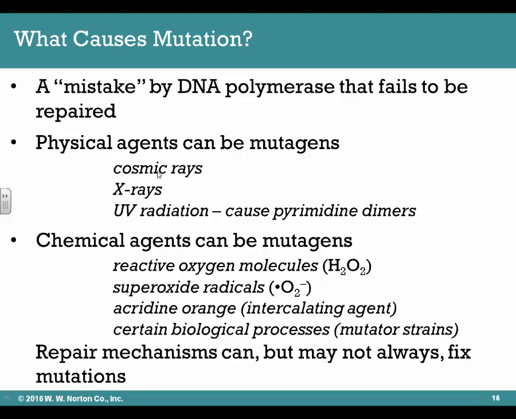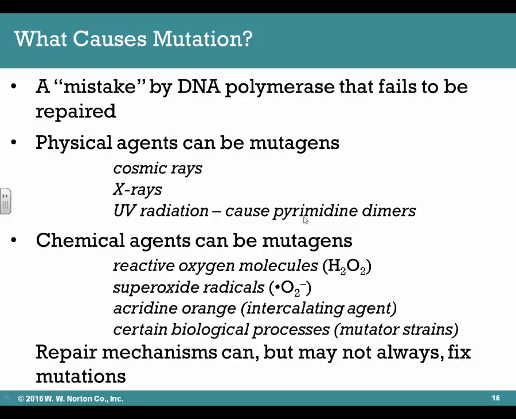There are agents that can be present in the environment of the bacteria that can induce changes in the DNA. So physical agents that can be mutagens include X-rays and UV radiation, that make the DNA polymerase result in an insertion of the incorrect base, or unable to read the base properly.